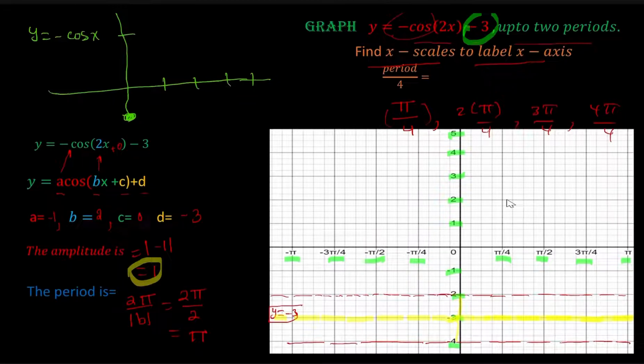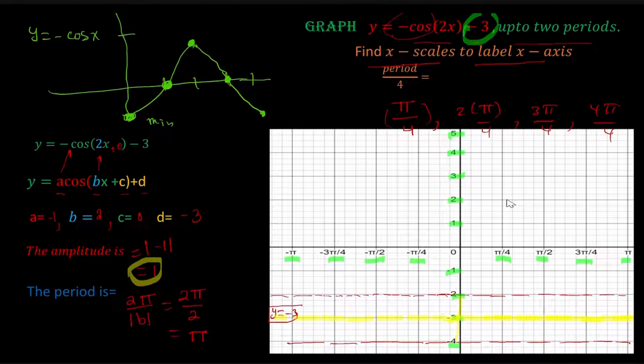So this is our min point. And then from here, we're going to go to the midline. And then the next value, we're going to go to the max. And then coming back to the midline. And then going down to the minimum. Okay, so we're going to do our nice graph. That's the negative cosine.